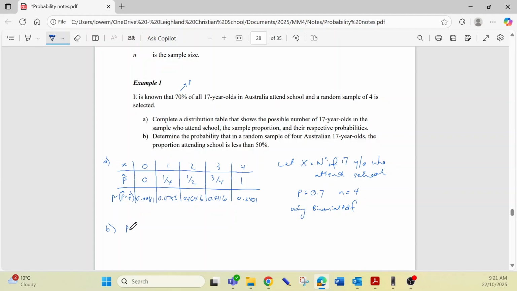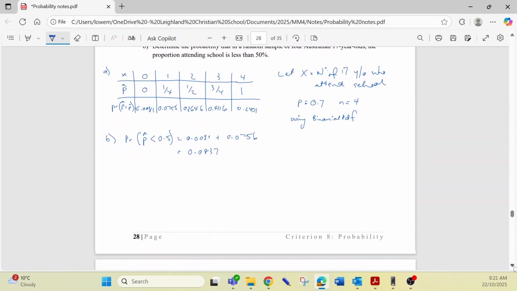The probability that p hat is less than 0.5 will be the sum of those two, which is 0.0837. Okay, so that's an introductory example relating the numbers to sample proportions and so on. All right, let's keep going.